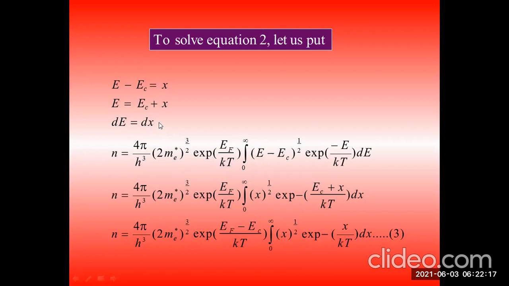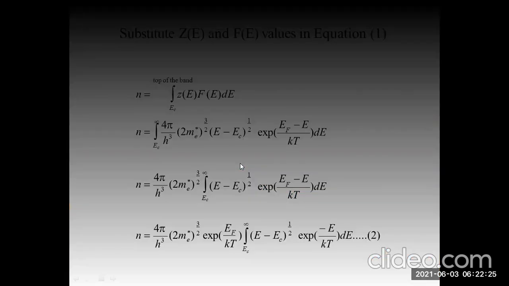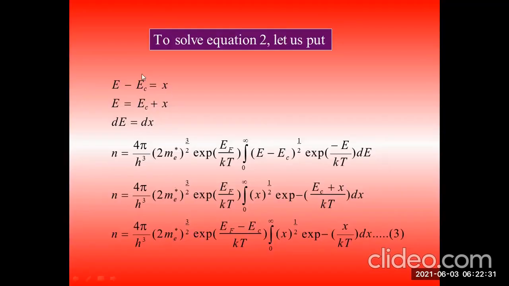Now the limits also change, right? Wherever you find this value, you can just substitute that. The lower limit is EC, and the upper limit is infinity. As you are considering the function, the limits will also change.